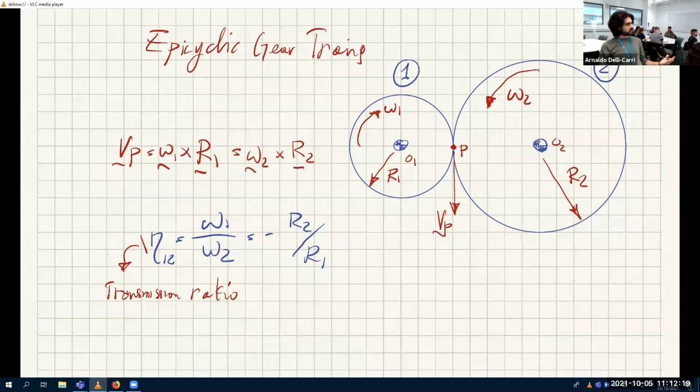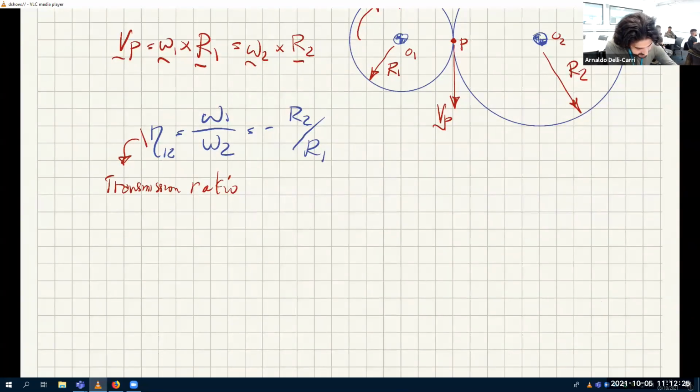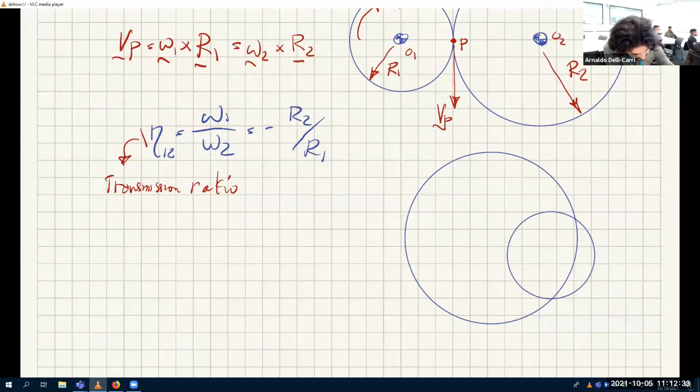Now we might have a positive number if the gears are meshing internally. So what you might have is a situation like this. You have a large gear and you have a smaller gear, and they mesh like this. Okay?